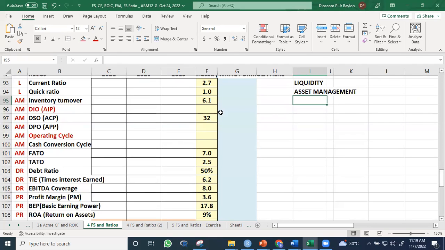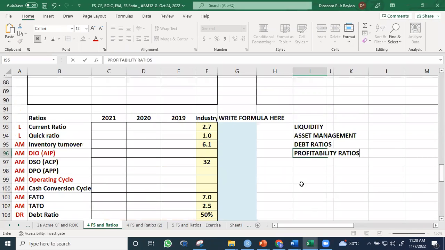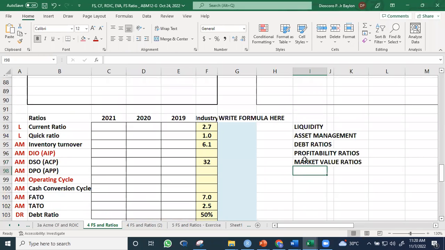Then DR stands for your debt ratios. Okay, PR are your profitability ratios. And lastly, MV are your market value ratios. Okay, so these are the different types of ratios that we're going to look at in this class, and this will help you with your group project.